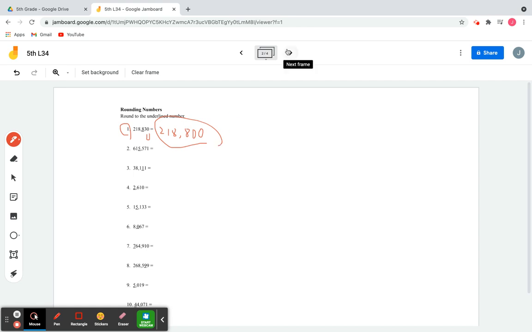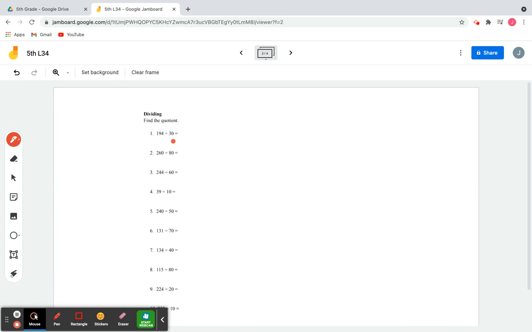And let's move on to the next page, and we have dividing. So let's work on number 1. We have 194 divided by 30. So 30 goes into 194 6 times, right?